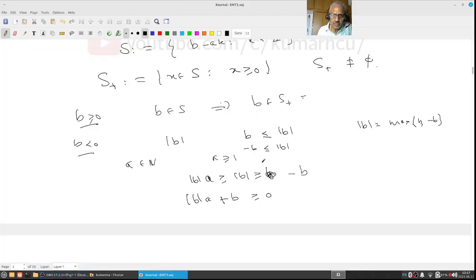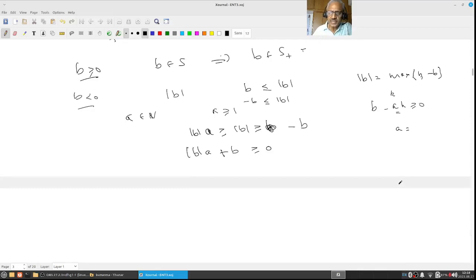Since we want the other way around, what we want is there exists a k so that b minus a k is greater than or equal to 0. Let us do that. Notice that mod b is the maximum of b and minus b, therefore minus b will also be less than or equal to mod b.